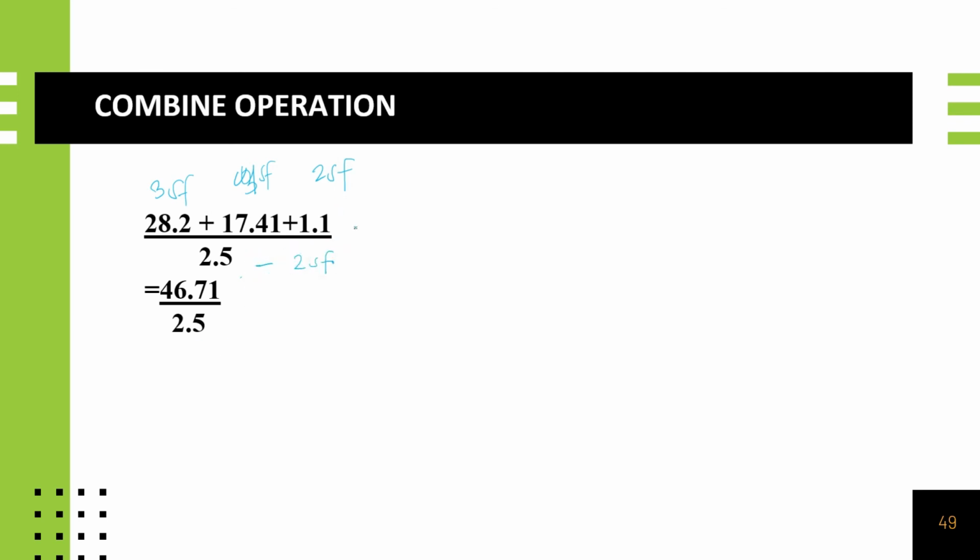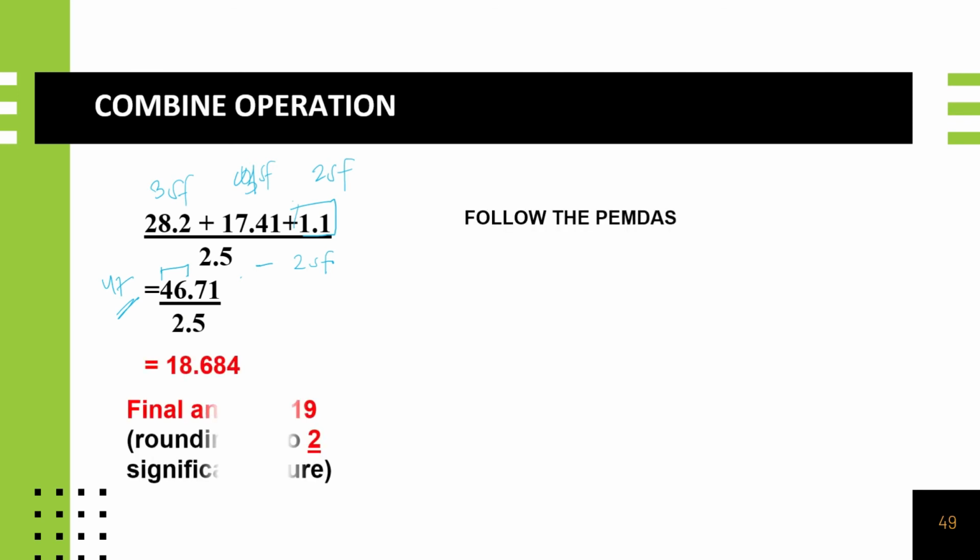So, the answer would be, dapat nandito sa two significant figures with less decimal places. So, ang sagot dito is 46.7. Dapat ito yung sagot. 46 lang or 47. Okay? Pero sinundan natin or nag-normal way tayo ng calculation. Then, divided by 2.5. That includes 18.684.